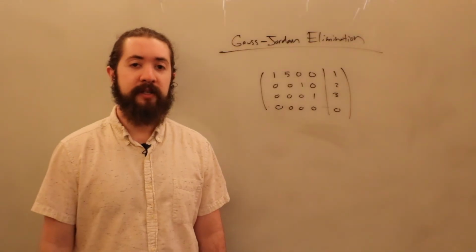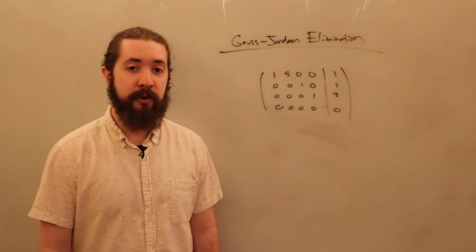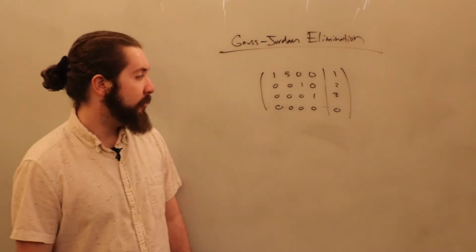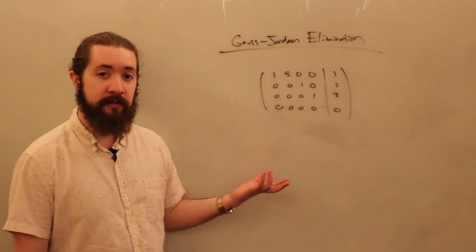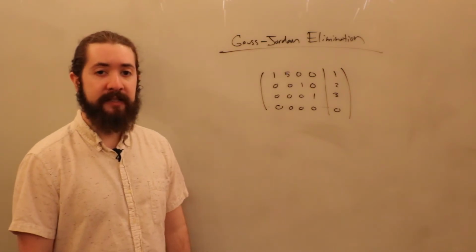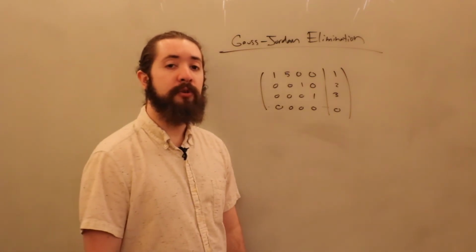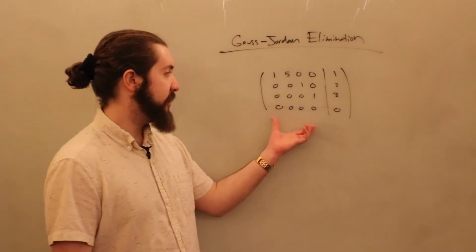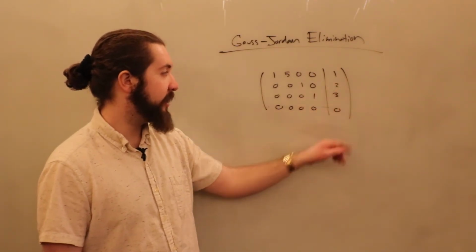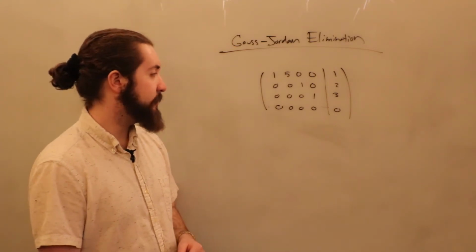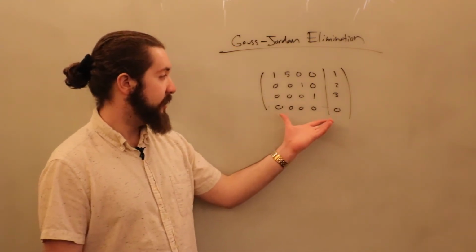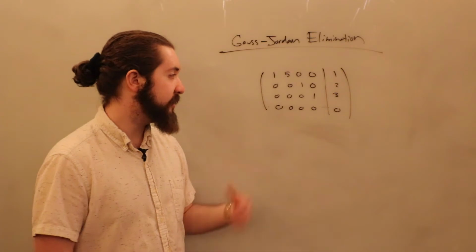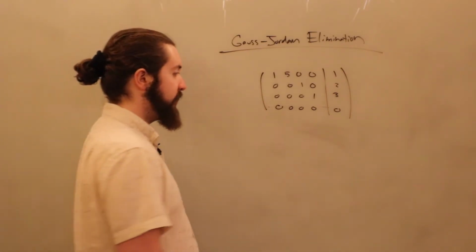So practically, what does it mean to be in reduced row-echelon form? Well, it means the system can't be simplified any further. You don't need to use back substitution, although you may need to introduce parameters. So if we look at this matrix, I've added a column here to make it an augmented matrix for some system, and this is in reduced row-echelon form, so let's see what information this gives us.